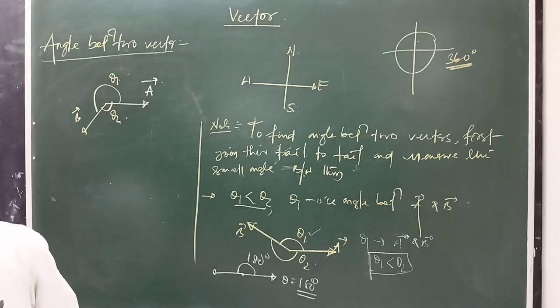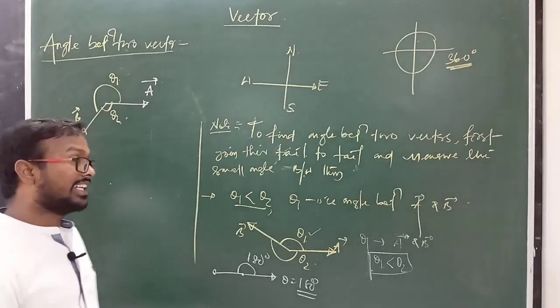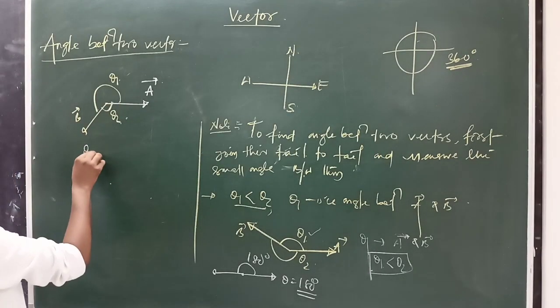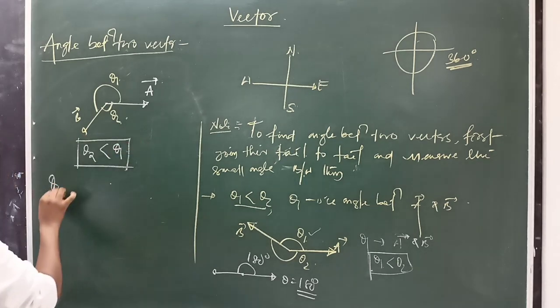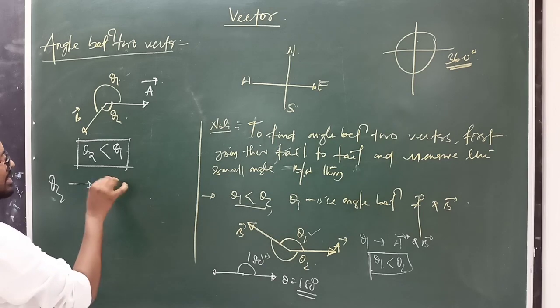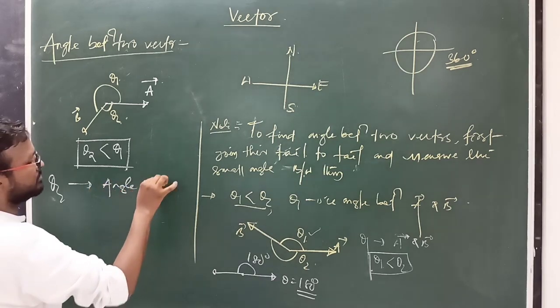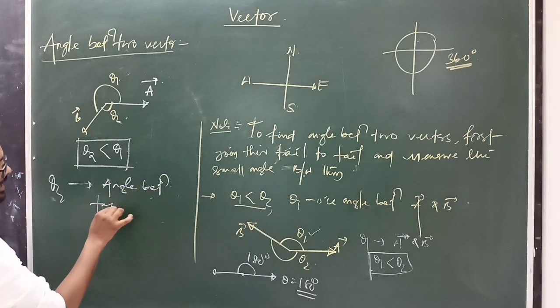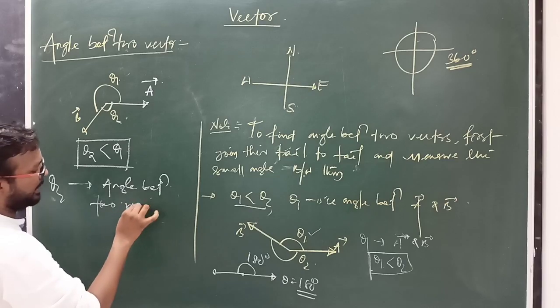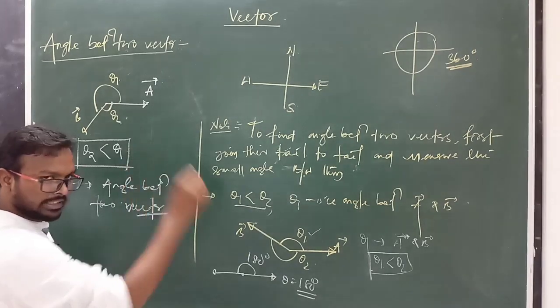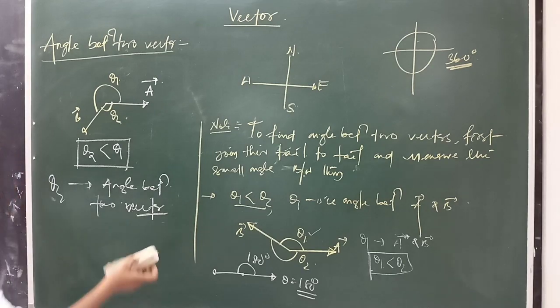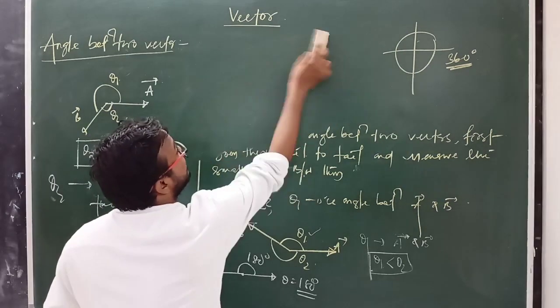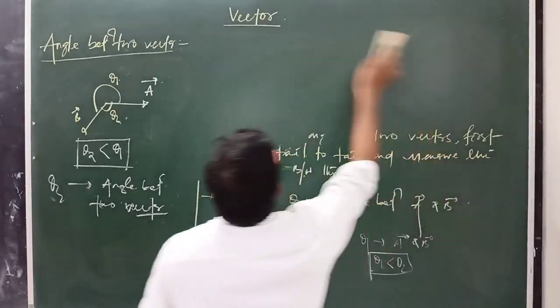Here also you have to choose between two angles, and which angle is smaller? In this case theta 2 is smaller than theta 1. So theta 2 is known as the angle between two vectors.